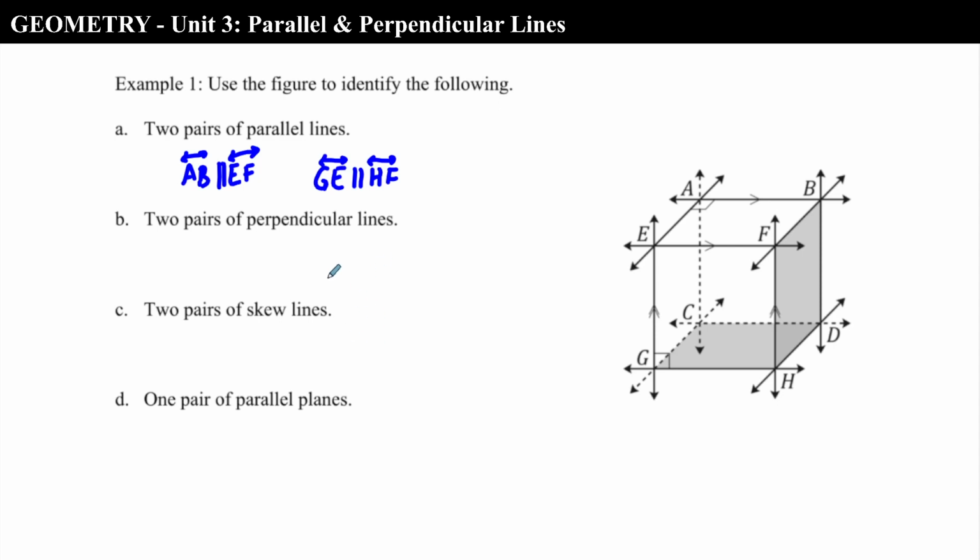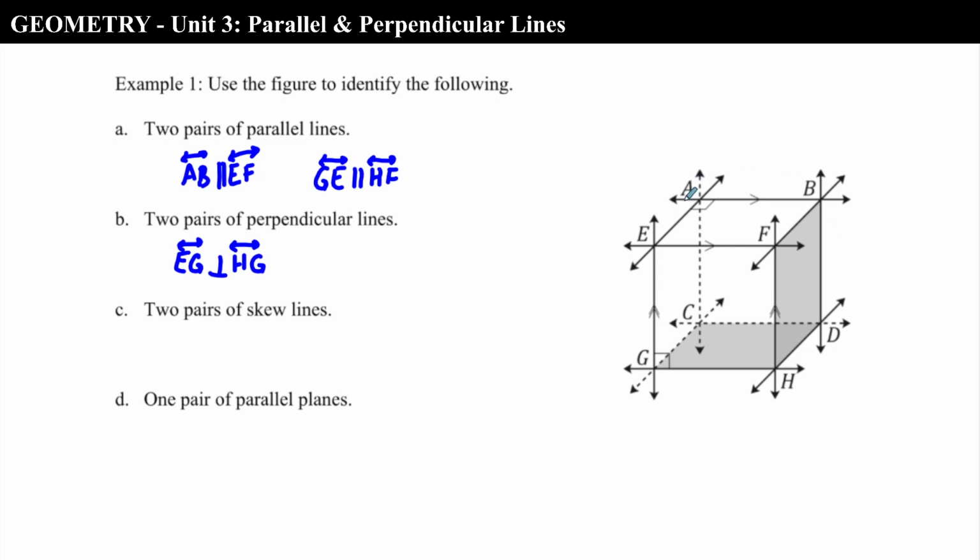Now we're going to do two pairs of perpendicular lines. Again, let's look for the ones that are indicated for us. Well, we have EG and we have HG right here. So EG and HG. And then we also have HD is one and DB is one.